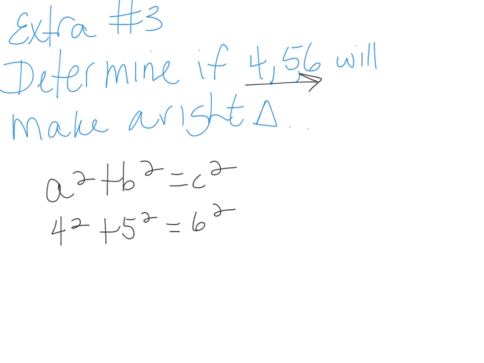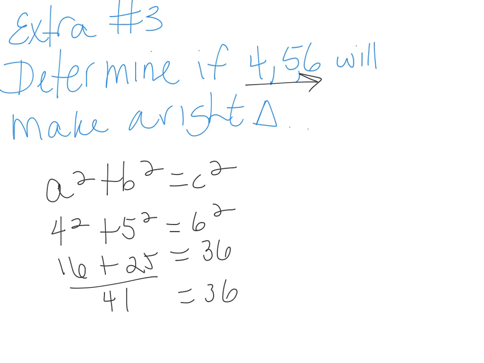All right, and then we square everything. So 6 squared is 36, 4 squared is 16, 5 squared is 25. All right. So we got that same 36, and 16 and 25 added together is 41. So since 41 does not equal 36, this is not a right triangle.